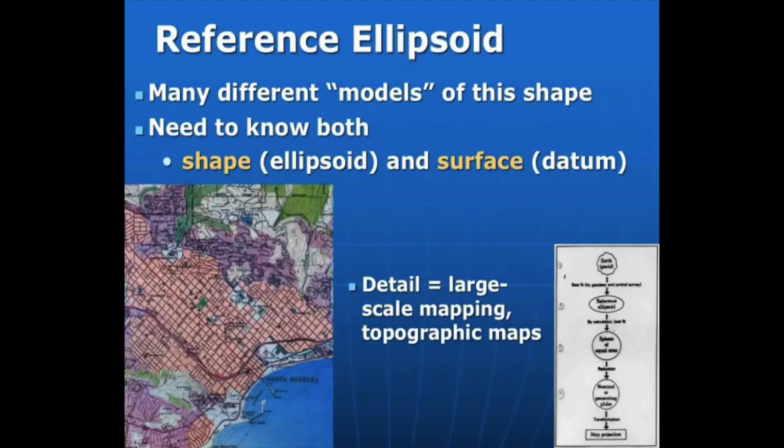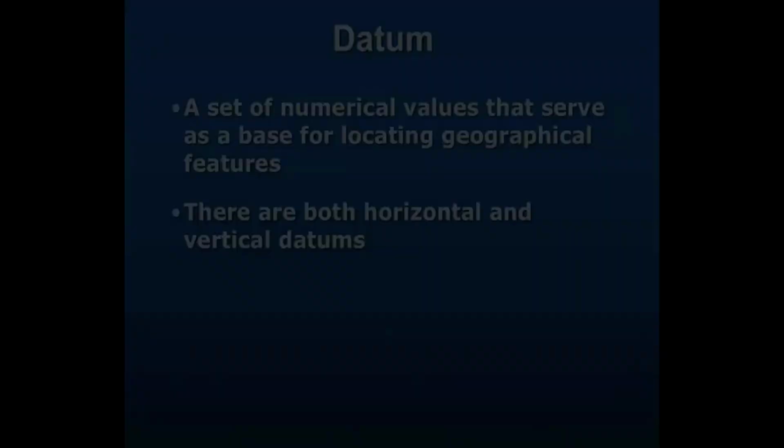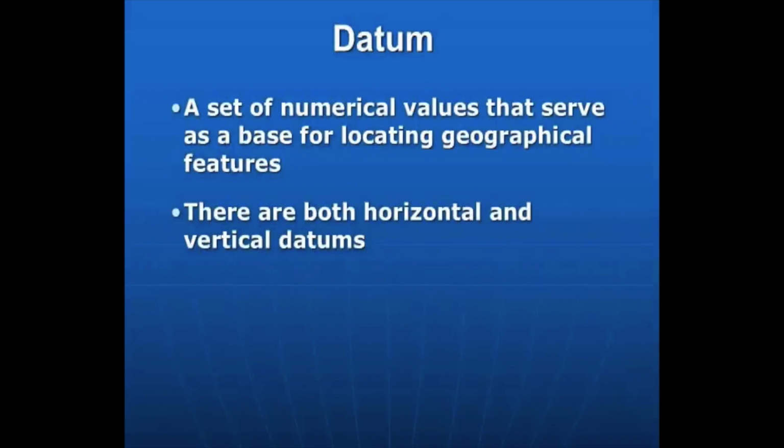The ellipsoid is really good for large-scale maps, like topographic maps, like the work that's done within state plane coordinate systems, like the work that could be done in a major metropolitan city, all right? That kind of a scale. It doesn't quite reach to the level of a state, maybe a really small state or a really small country. Luxembourg, Rhode Island would work fine, but you're not going to get huge coverage. But that's where a lot of the GIS work goes on.